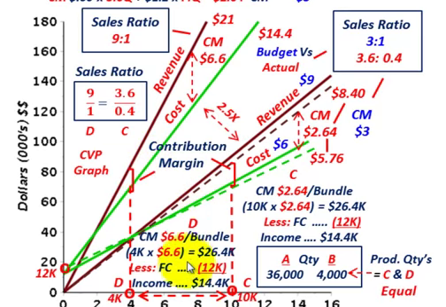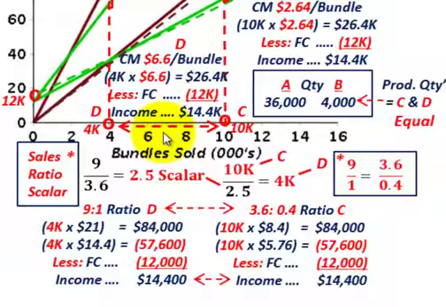Okay, and then one last thing here. Let's go down and look at it just to prove this a little bit further, looking at our income, comparing our 9 to 1 ratio to determine our income versus our 3.6 to 4.0. So remember, they are equal. The 9 to 1 ratio was that D quantity at 4,000 bundles, and the 3.6 to 4.0 was 10,000 bundles.